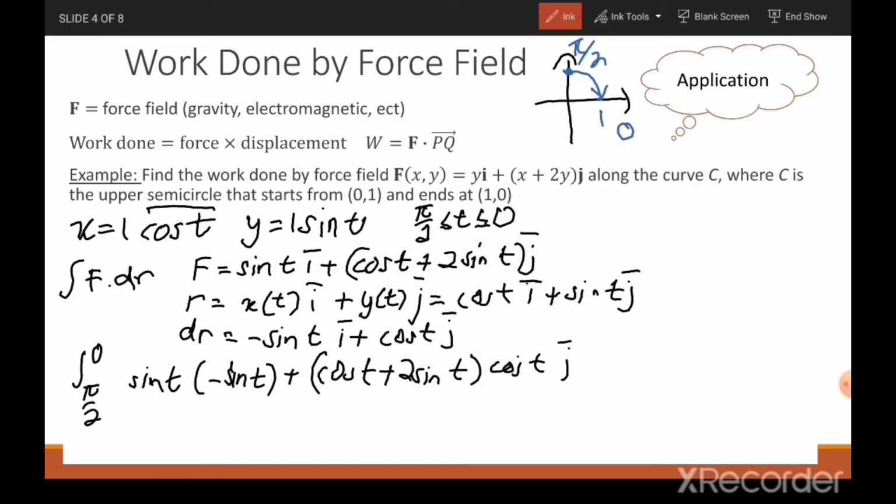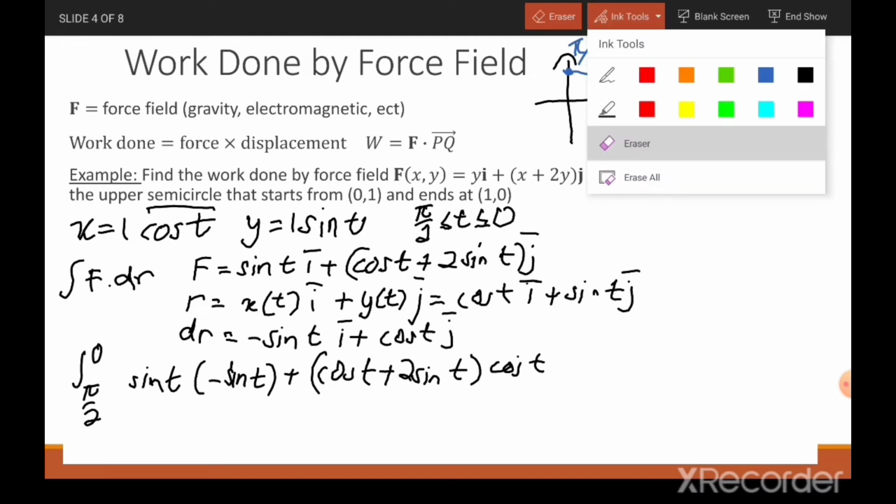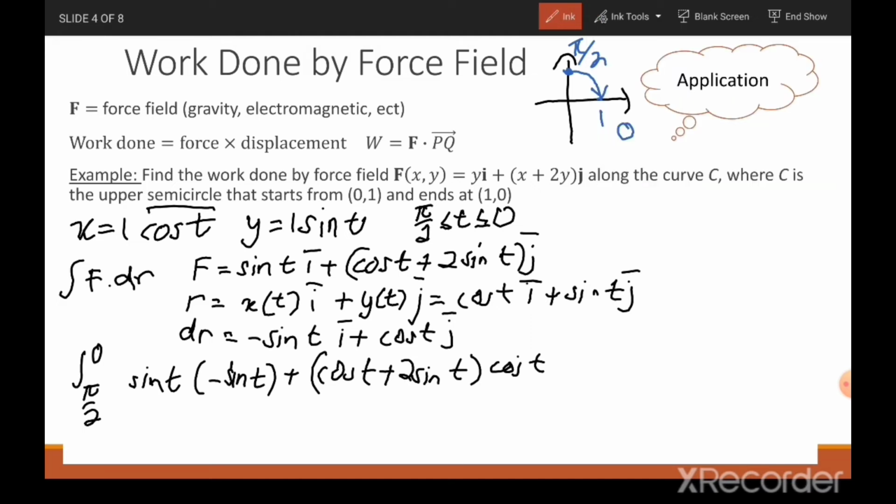Okay, for vector j, now we have sine power of 2, negative sine power of 2, plus 2 cos t cos power of 2t and 2 sin t cos t.